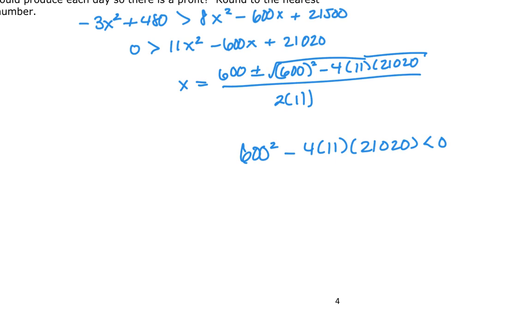That's not going to happen, because my discriminant, or the value underneath the square root, is negative, which is complex, which means there's no way that I can ever get a profit.